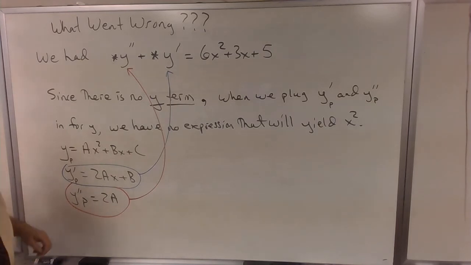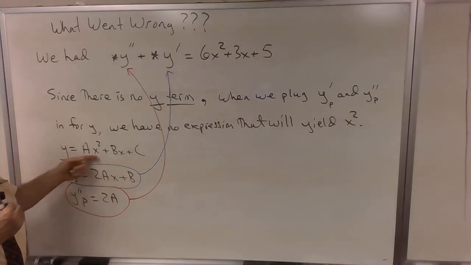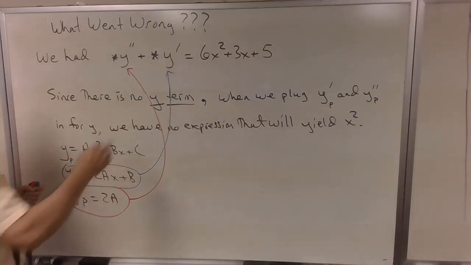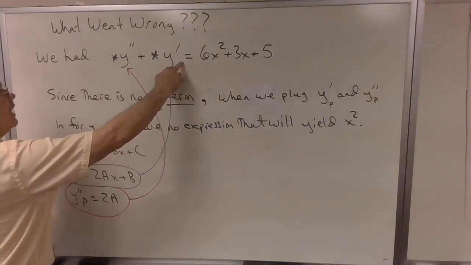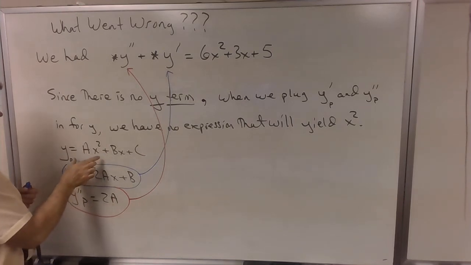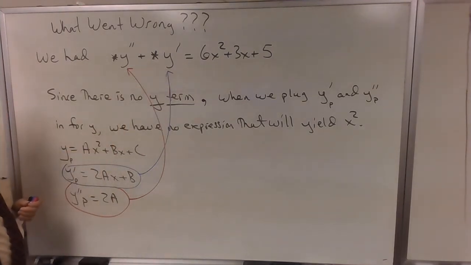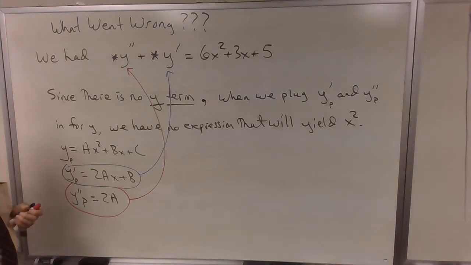We were counting on the original function, y sub p, to give us our x squared. But see, in our equation, there is no y term here. And so we can't plug y in anywhere into this equation, and we're not going to get an x squared term on the left-hand side.